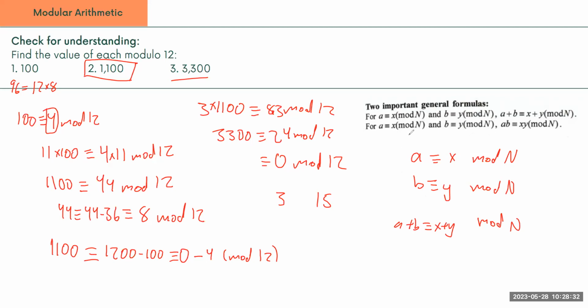And the same thing for multiplication: AB is congruent to XY mod n. As before, B and Y can be different numbers. So for example, you can have 3 times A equals 15 times X or something. Okay.